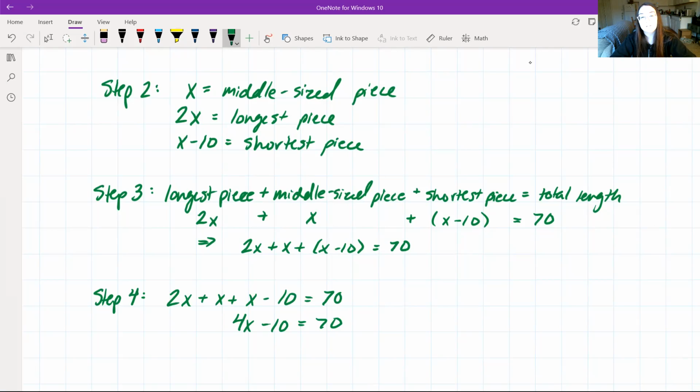And now we want to use our addition property of equality to get rid of our minus 10 so we can isolate 4x on the left side. This will give us 4x minus 10 plus 10 is equal to 70 plus 10.